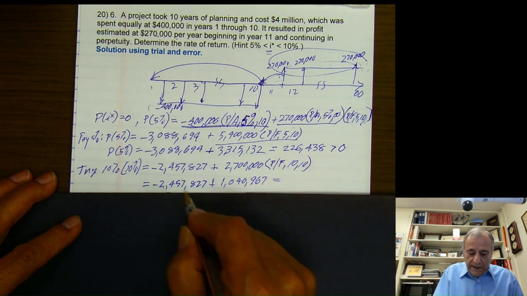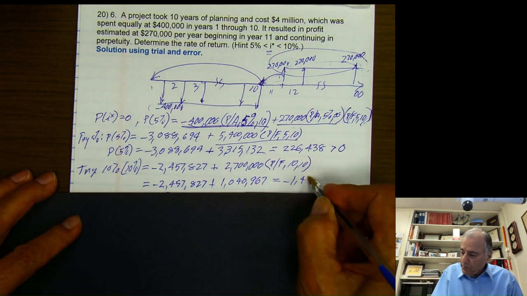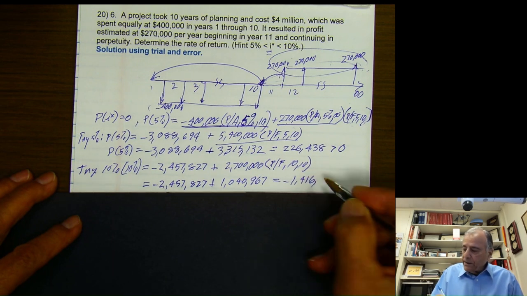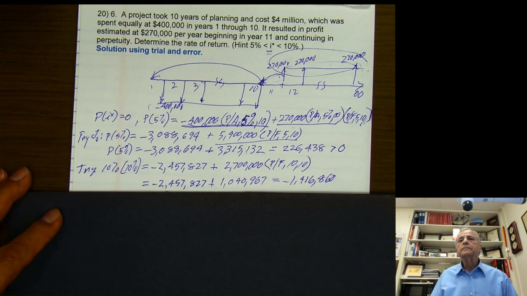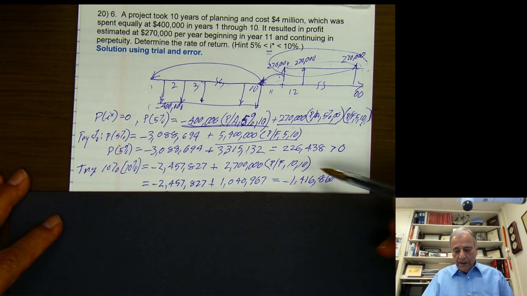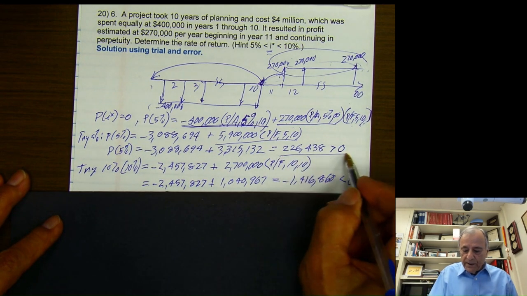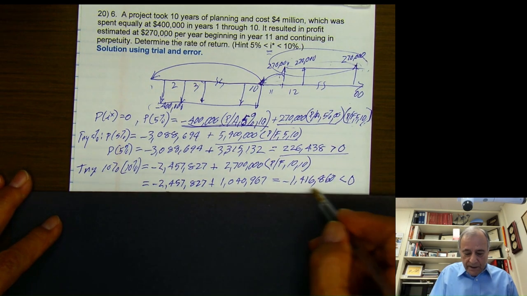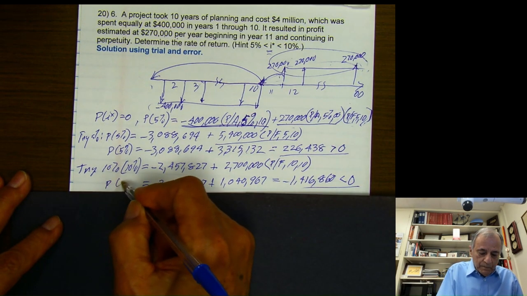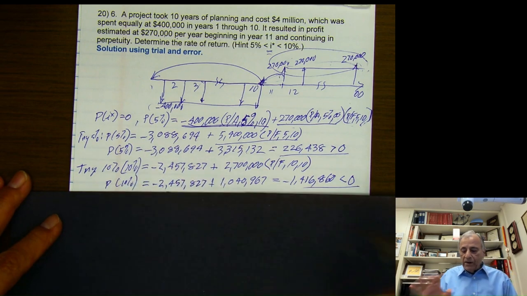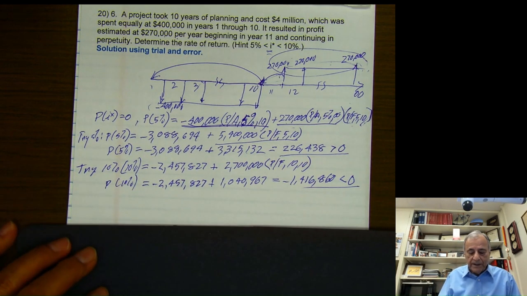And when I combine these two numbers, I get minus 1.4 million, 1,416,860. So now this is less than 0. So at 5%, it's greater than 0. At 10%, it's less than 0. So now we've got it between 0, and this is where we do the linear interpolation.